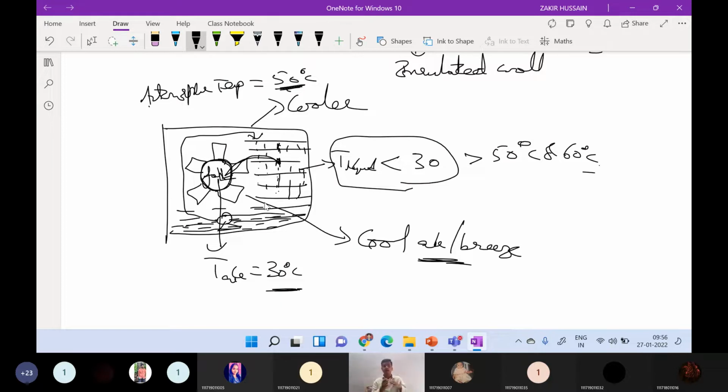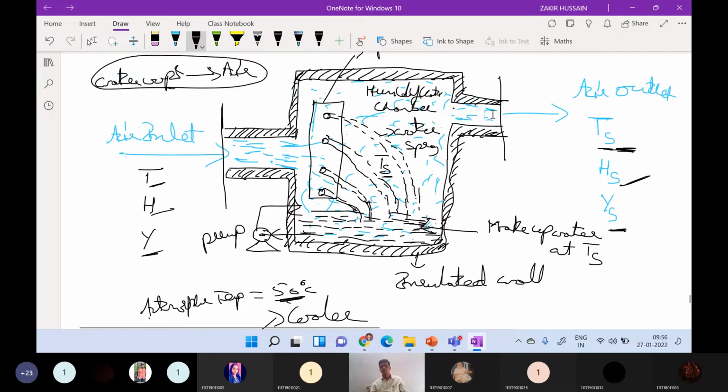So in order to have proper cooling inside the cooler, we need to supply cool water. Then only will we get a cool breeze like that. The same thing happens in the adiabatic saturator, in a different representation. I hope it is clear.